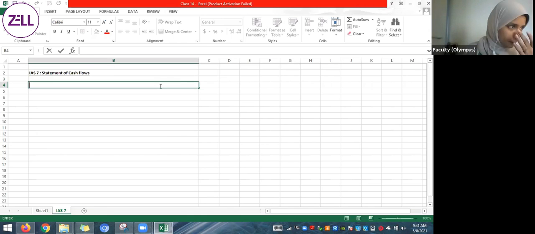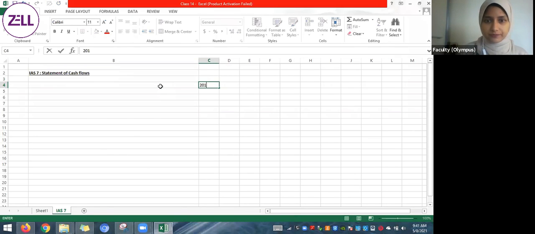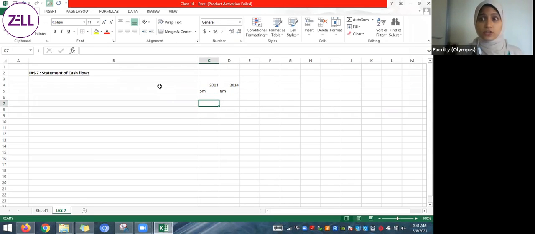Now, why is segregation so important? For example, if I analyze the balance sheet of 2013 and of 2014 for some company, and I can see that in 2013 there was a 5 million cash position, and in 2014 it has become 8 million. If I have to comment on the cash part of it, I might say that from 2013 to 2014, the cash has increased by 3 million, which is a significant jump.